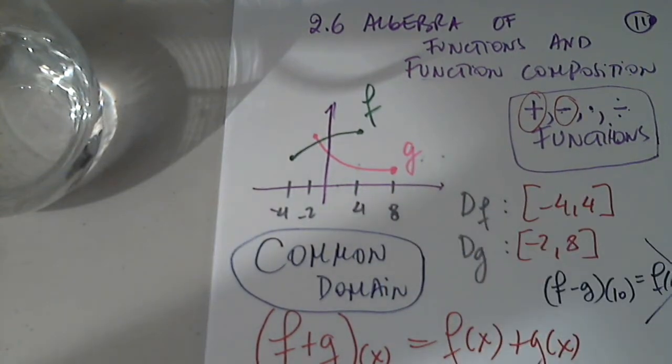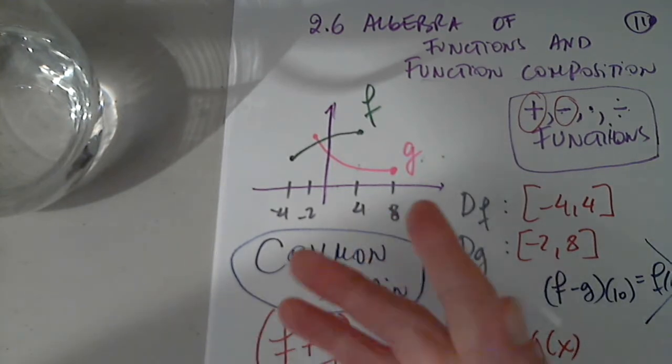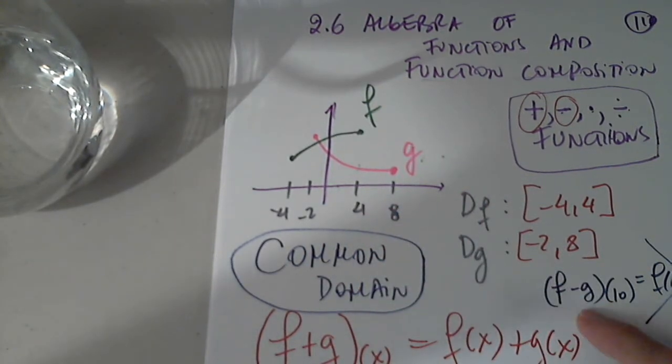This is a key concept. So I can ask you to find these functions, but not just everywhere I want. But where? For this particular example, for this graph, where can I ask you to determine or evaluate the sum, the difference, the product, and the quotient? Where is the common domain of these two functions, where they both exist at the same time?